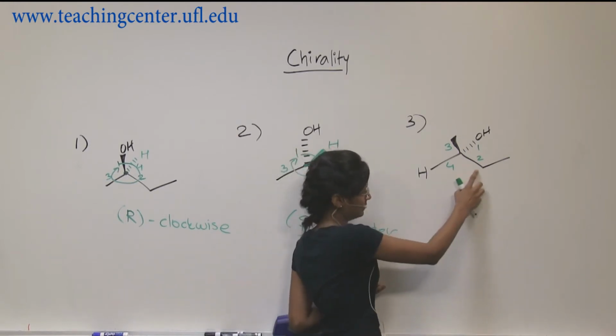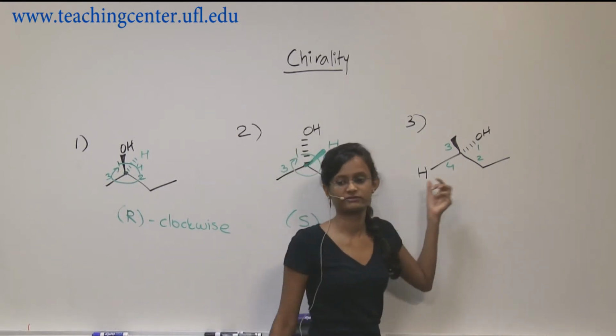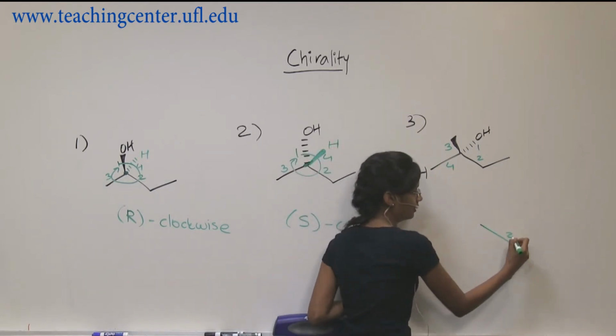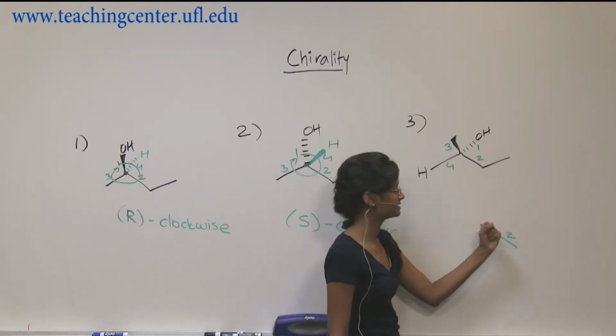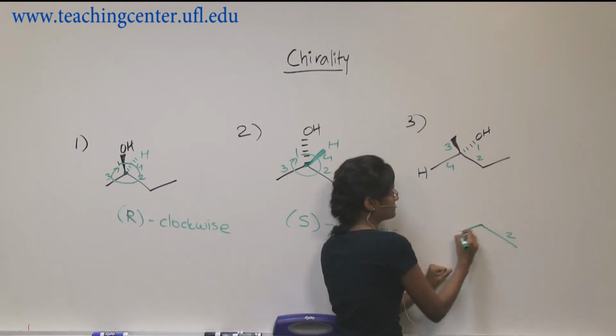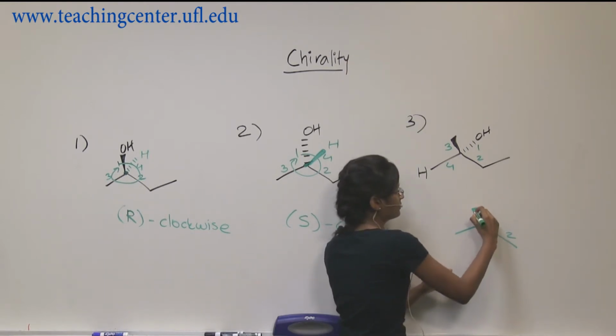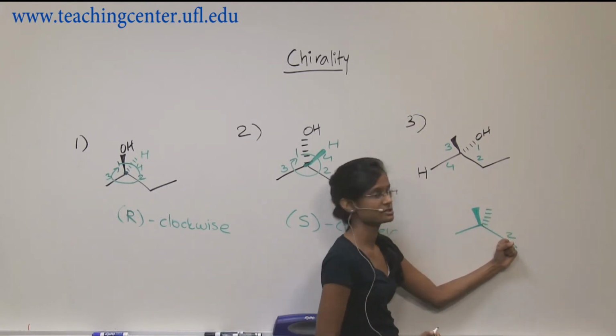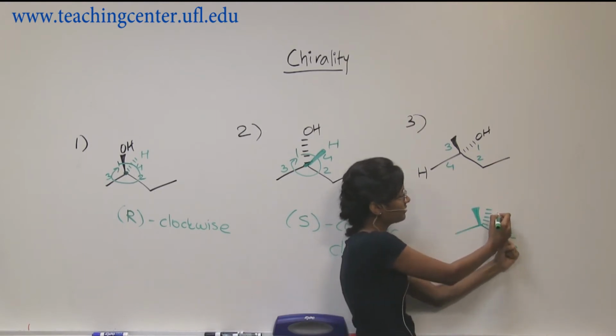In this case, we want to change where 4 is right now. So we're going to hold number 2 on its own. Just leave it as it is. And then switch the other 3 like a propeller. So this is still 2. We want 4 to be where 1 is.